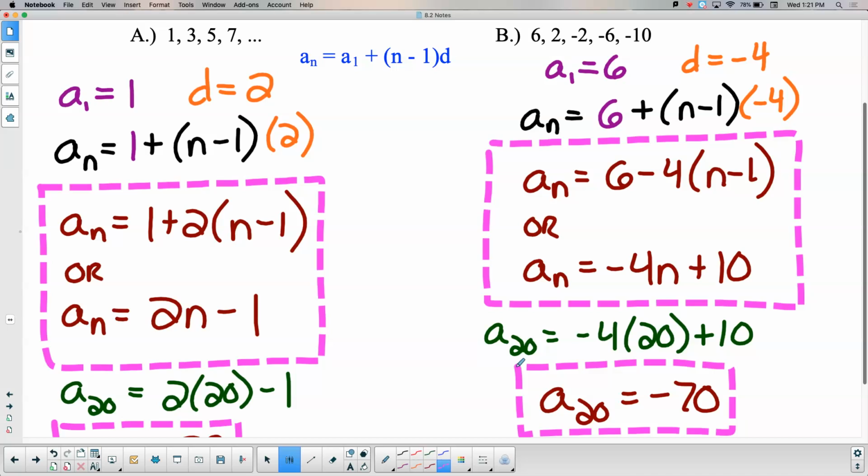Negative 4n plus 10 is the pretty one of the same rule. And I get the 20th term to be negative 70.